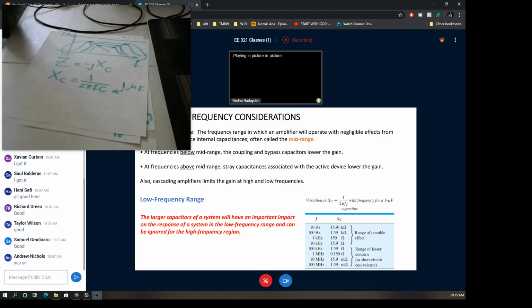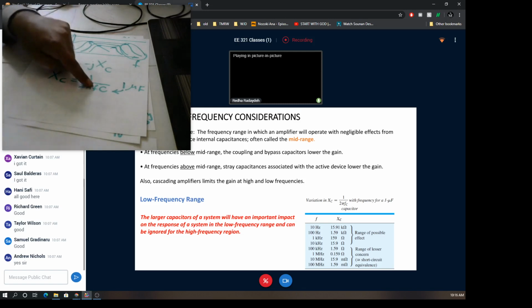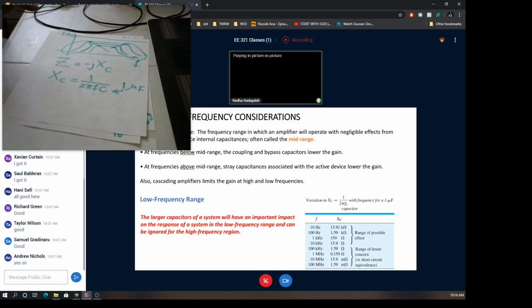At higher frequencies, starting from 100 kilohertz and above, the impedance of that capacitor is very small, as you see in the table, and in this case it can be neglected, as we did in chapters 5 and 8, when we said that when you do the AC analysis you short circuit the external capacitors.